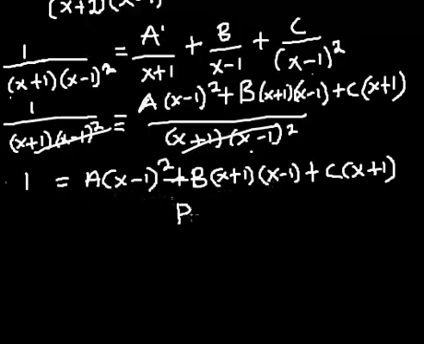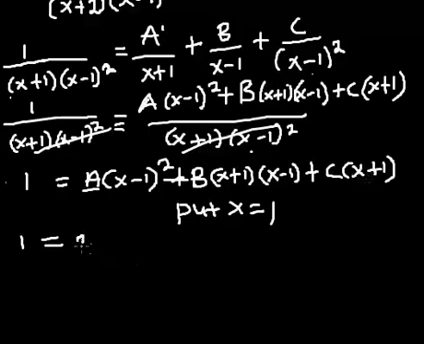a. If I put x to be equal to 1, what I will have is 1 equal to 1 minus 1 is 0, so 0 square is 0, so a is eliminated. Here 1 minus 1 is 0, 0 multiplied by everything here makes b eliminated. So in this case I have 1 plus 1, so I'm left with c.